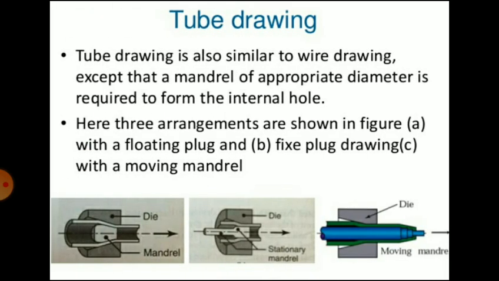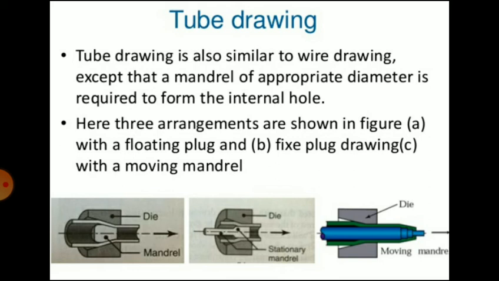So tube drawing is also similar to wire drawing, except that a mandrel of appropriate diameter is required to form the internal hole. So this operation is similar to wire drawing operation, but to get a tube, the mandrel is used to produce an appropriate diameter.